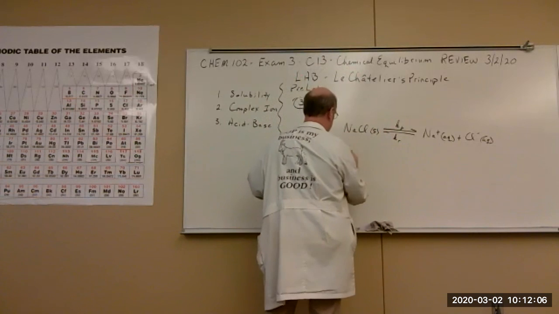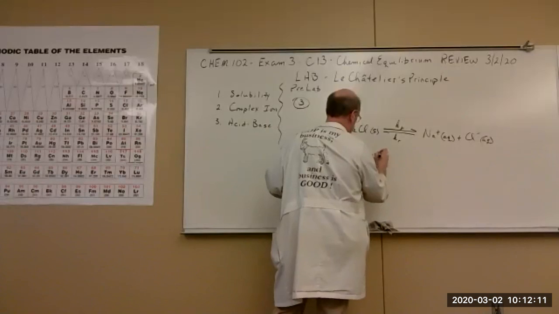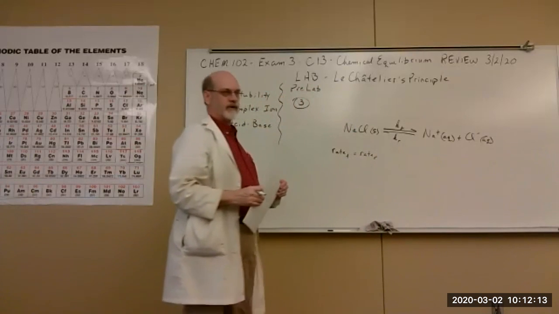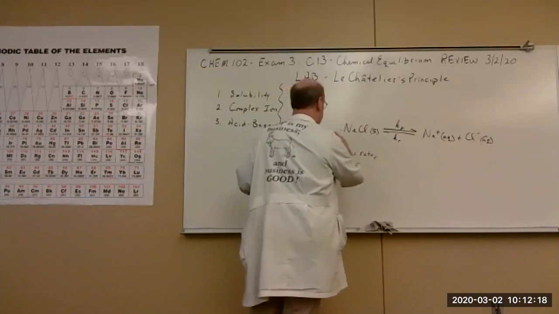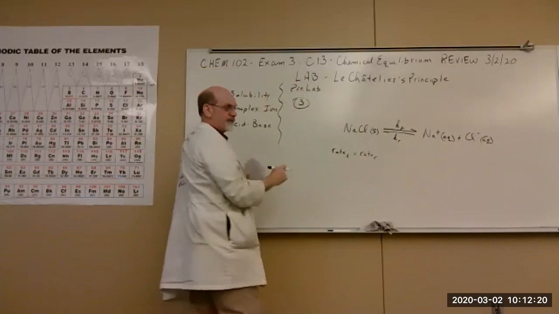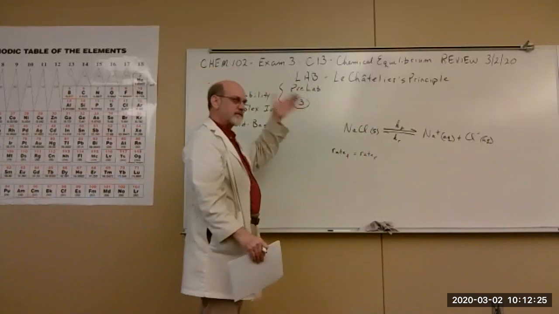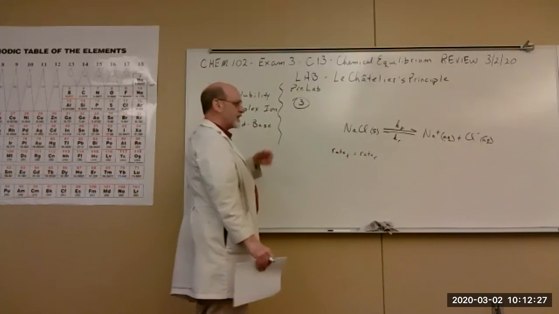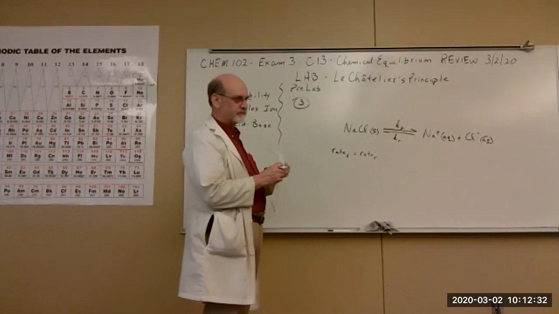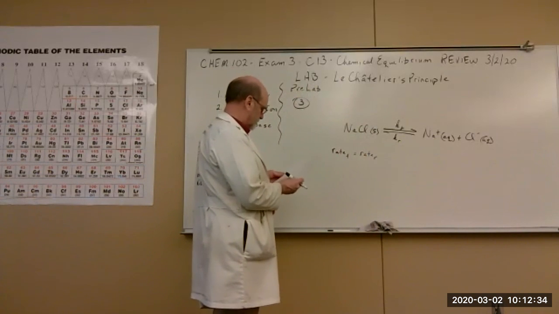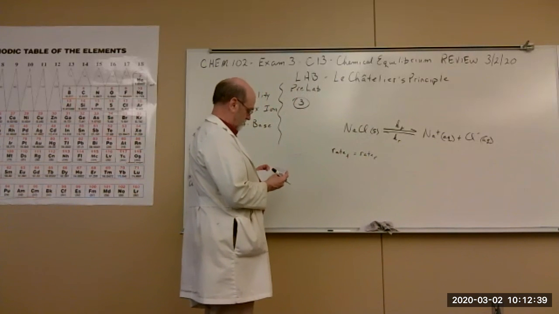K is in there, but the rate of the forward equals the rate of the reverse. That's equilibrium. And you can describe equilibrium in terms for solubility systems, for complex ion formation, for acid-base reactions, or for a host of other types. These are the only 3 that we're dealing with today. So you just have to put it in words.